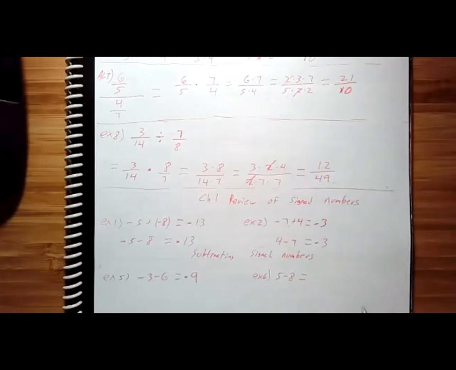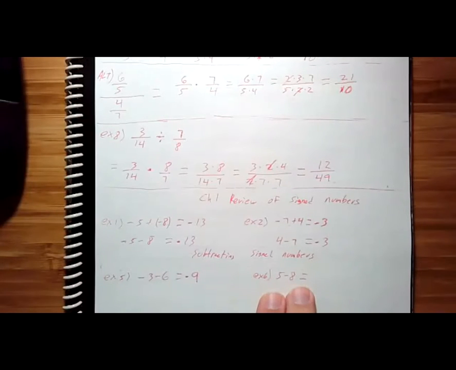Positive or negative? Wouldn't it be -13? See, if they're different, you just subtract. 5 minus 8, or 8 minus 5, is 3, and you keep the sign of the bigger one. If they were both negative, then it would be -13.